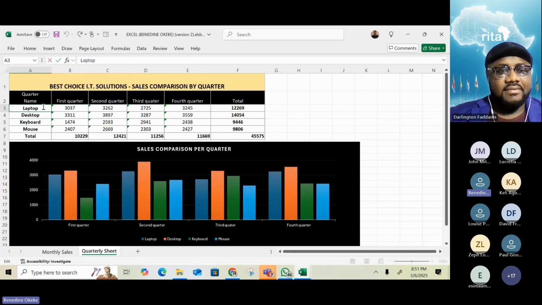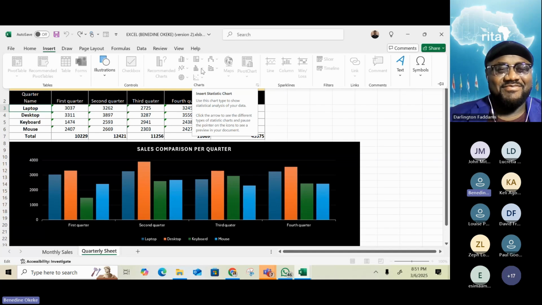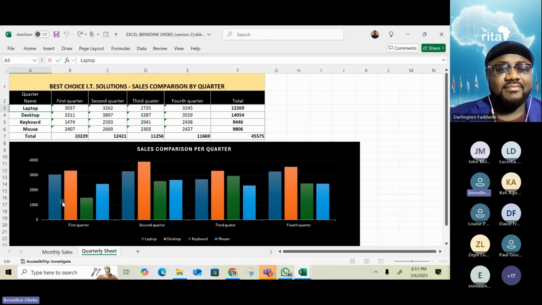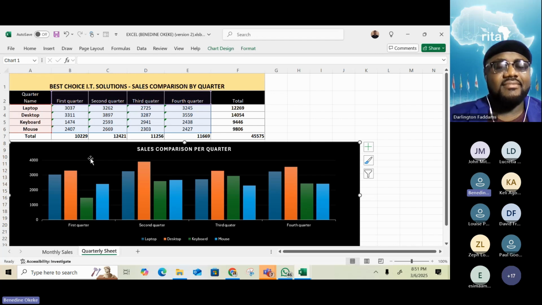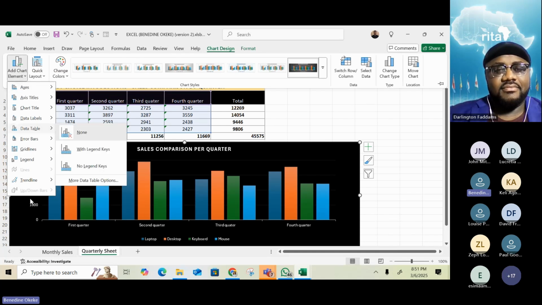So I highlighted it and then I went to my insert, chose the recommended chart, which in this case is column charts. So I chose the column chart, and then when it showed itself, I made use of the chart design, add chart elements. You click on add chart elements, and then you get options. Use this to adjust some of your values.